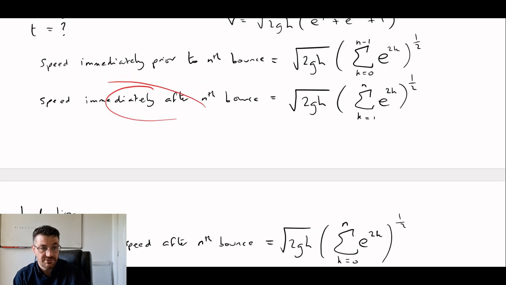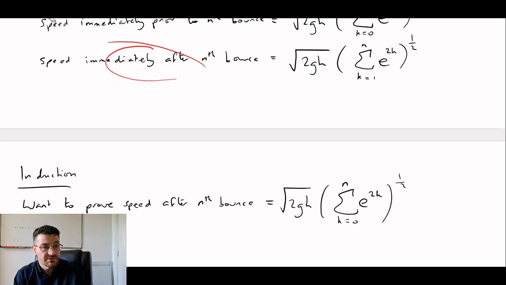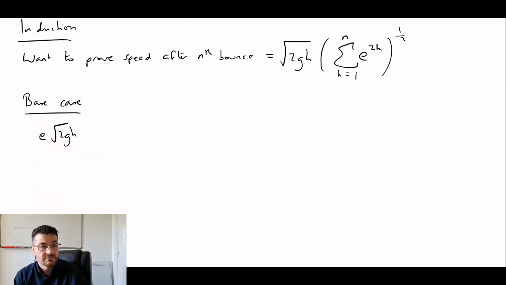Sorry, the sum should start from k equals 1. Well, this happens to be equal to the square root of 2gh times the sum from k equals 1 to 1 of e to the power of 2k, to the half.